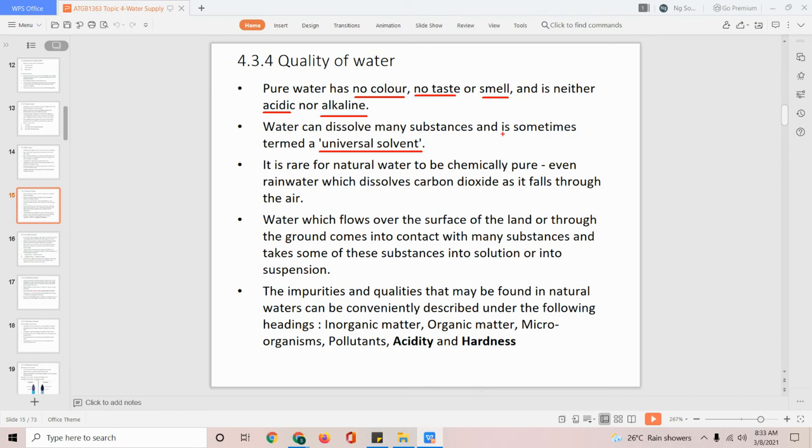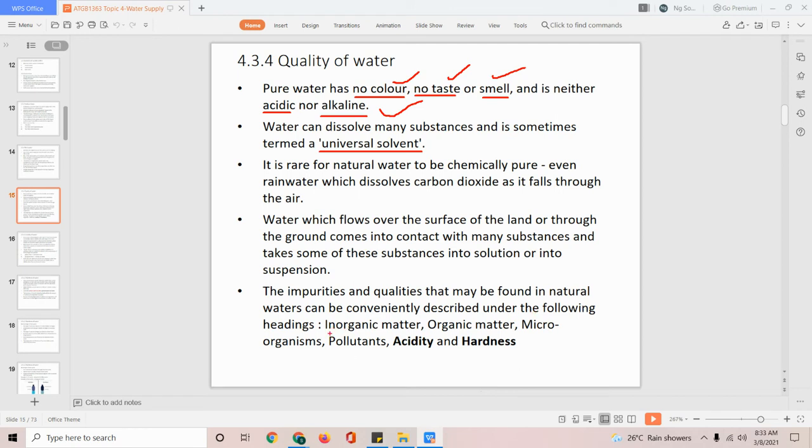But then because water is a universal solvent, a lot of substances or materials get dissolved into water. So this can affect it in terms of color, taste, and it can even smell, and it will also affect the alkalinity or the acidity of the water.